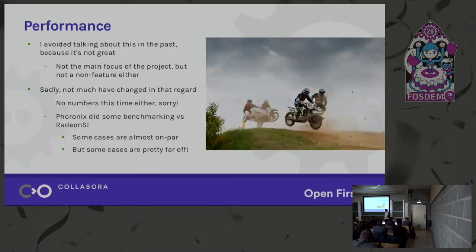Performance is something I keep getting asked about. I keep trying to avoid the question a bit. It's not great, but it's also not really the main focus of the project. I'm not saying that we don't care about performance, but Zink is kind of me trying to prepare us for a future where we don't need OpenGL anymore.